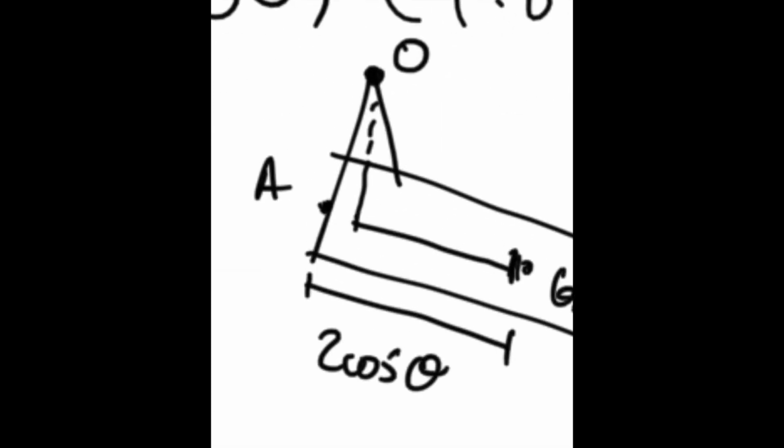Right, so here is our rod. Here's point O, here's point A, and this is point G. This over here is 2 cosine theta, but we actually want the distance directly underneath O from G to O. Okay, so this little distance over here is 0.9 sine theta.